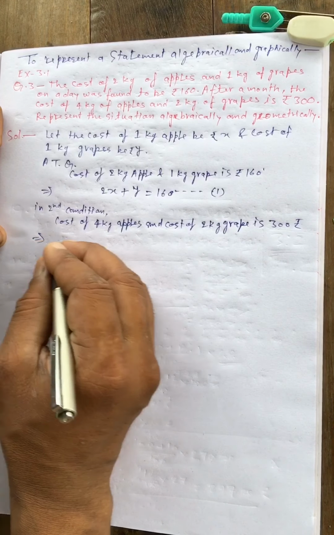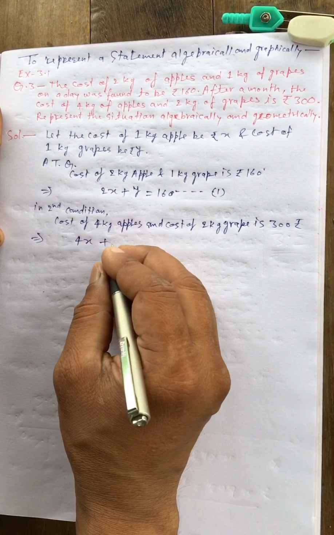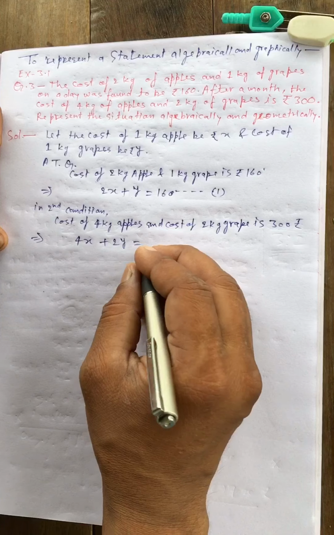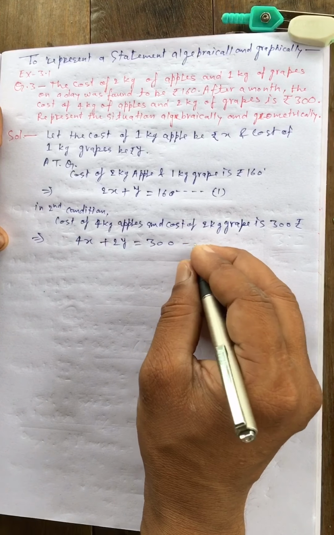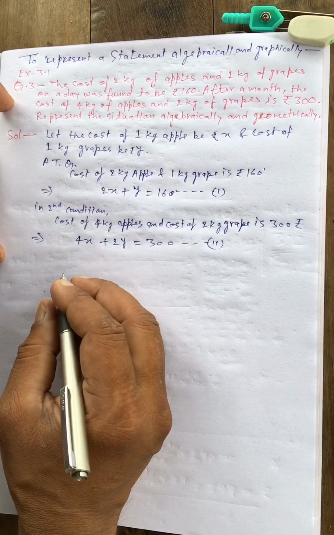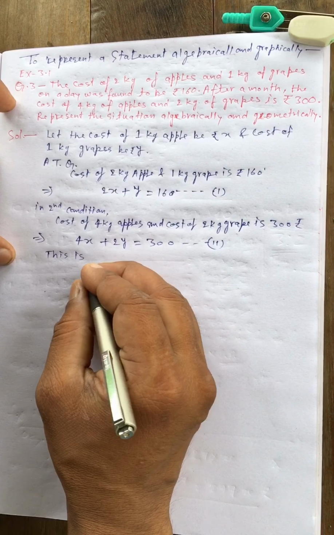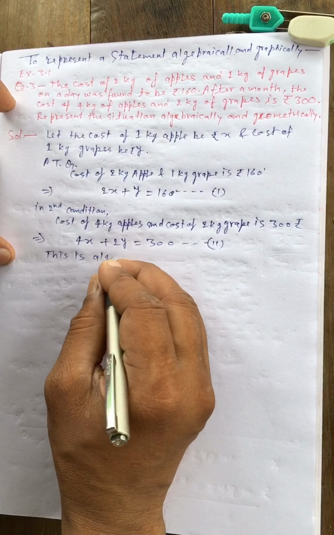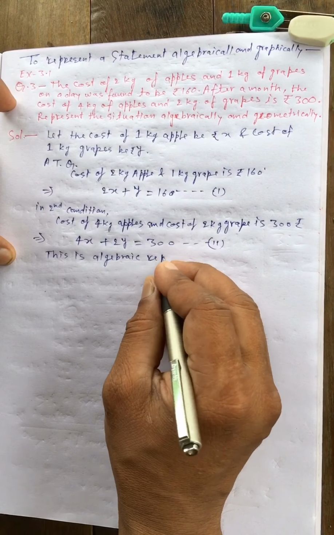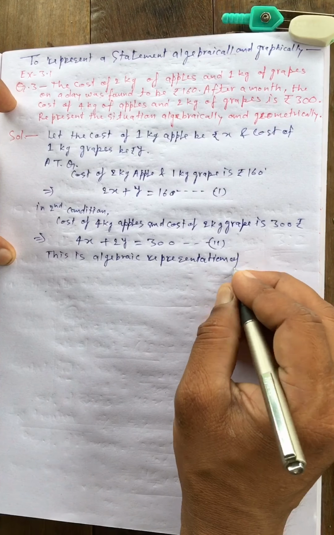This implies that 4 kg apples cost 4x and 2 kg grapes cost 2y, that is 4x plus 2y is equal to 300 rupees. This is equation number 2. Now we have represented the situation algebraically. This is the algebraic representation of the statement.